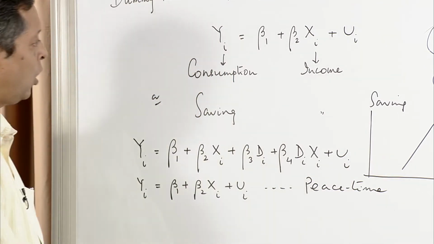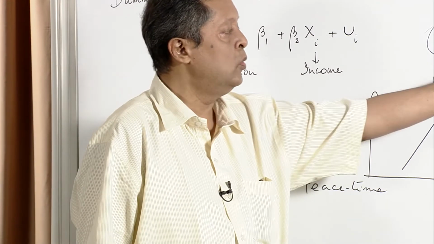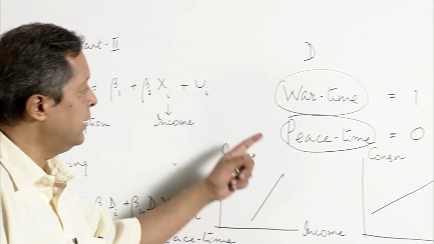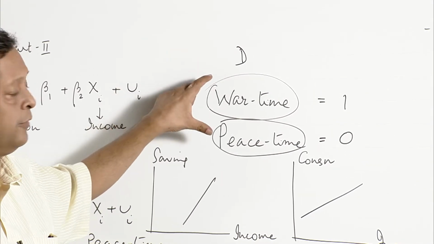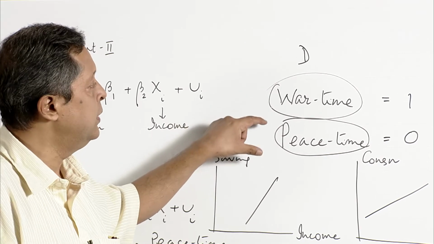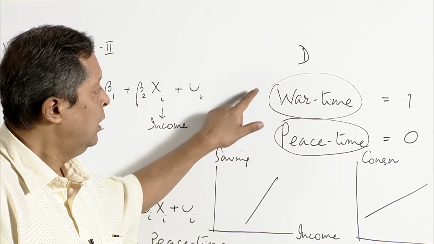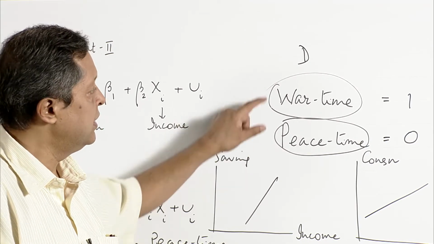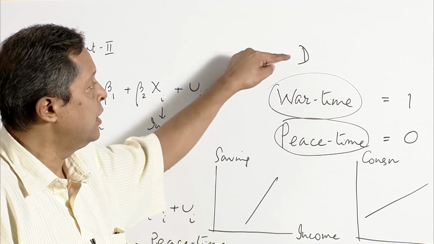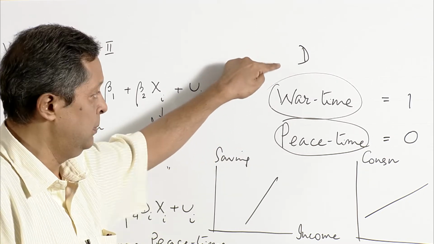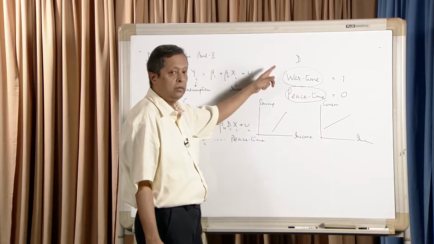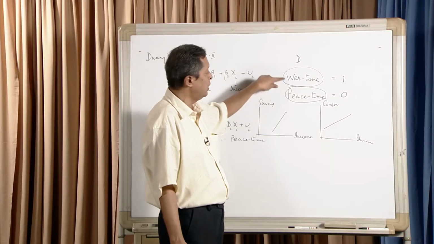But when it is war, d takes the value 1. Once again you will note that this is a qualitative explanatory variable which can give two outcomes. However, we are representing it with one dummy variable. So, we are not writing two dummy variables, one for war, one for peace.